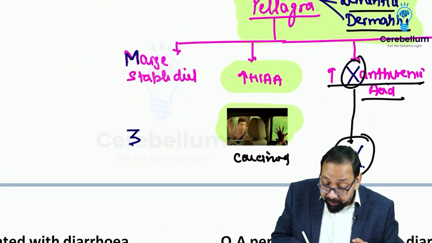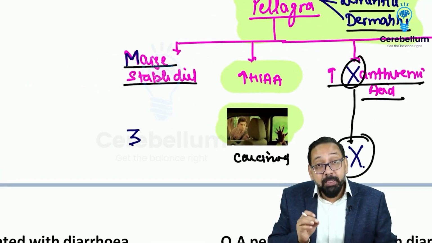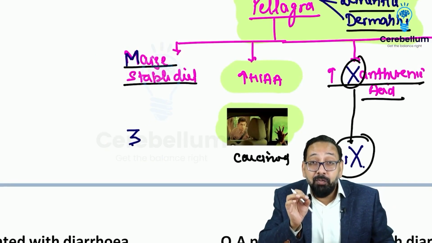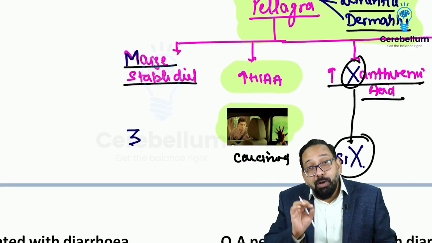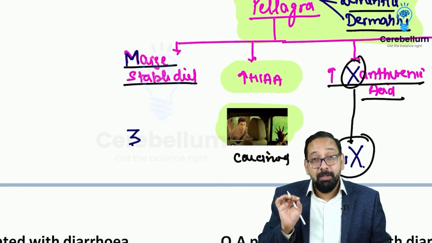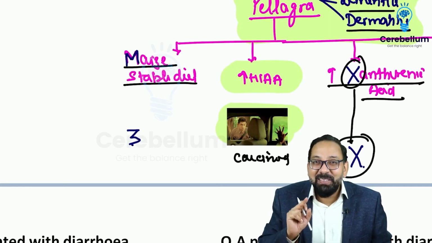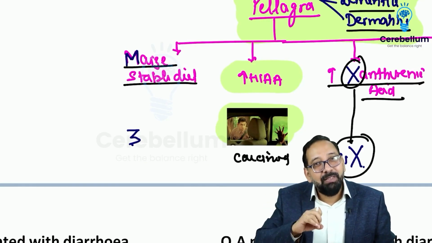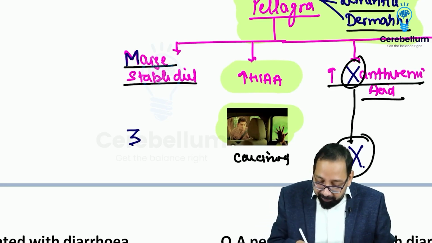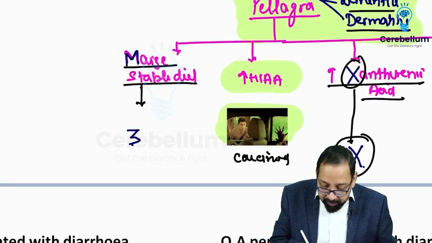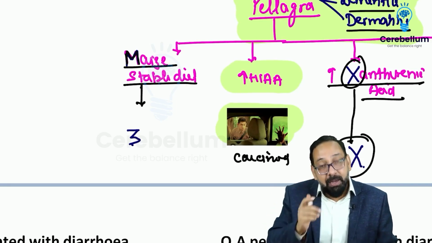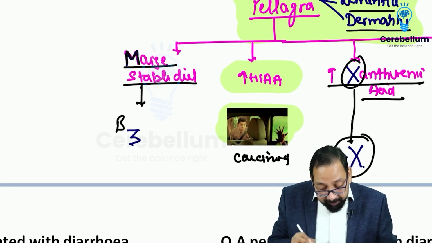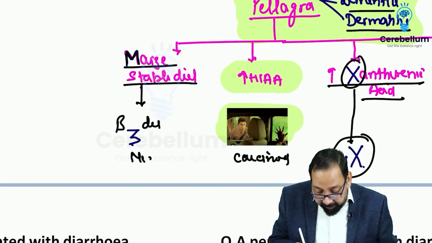If maize is the staple diet, in maize, tryptophan is found in low amount. So if you are taking too much maize, tryptophan would be low and niacin deficiency would be there. So they will give a dietary pattern and ask what the diagnosis is. If maize is the staple diet, that is B3 deficiency, niacin deficiency.